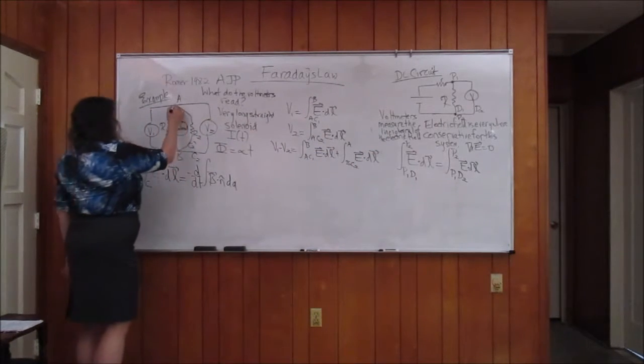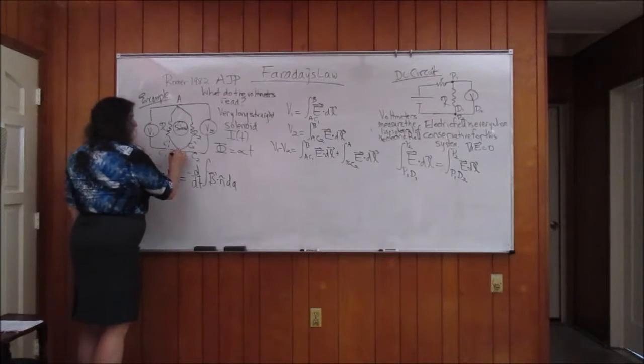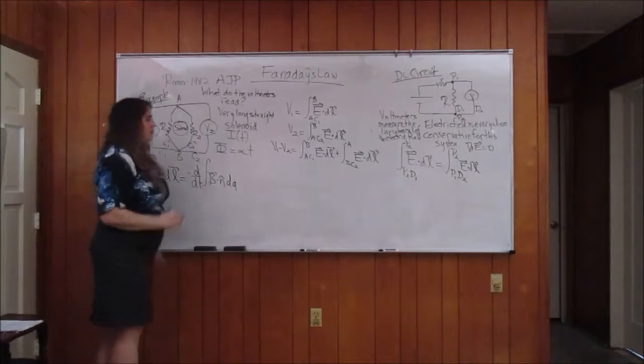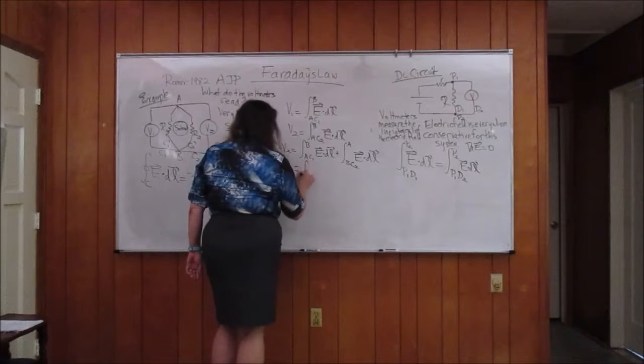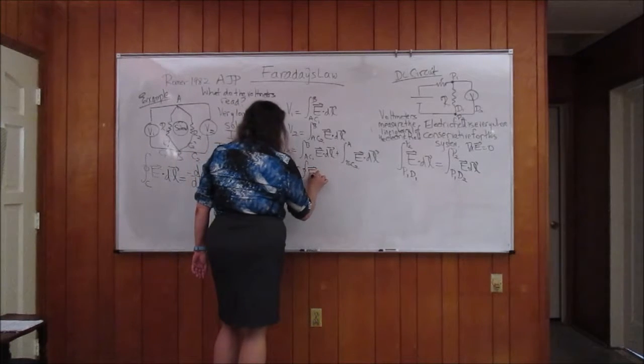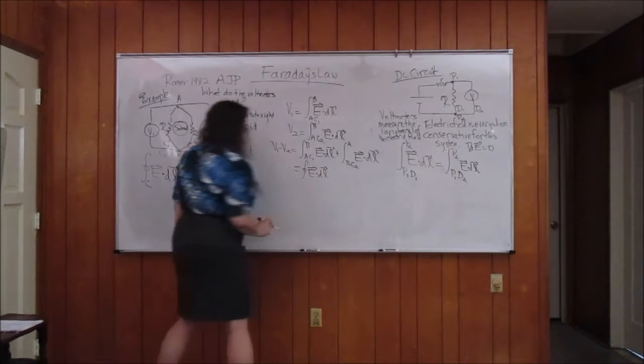So basically you're going to go from here, all the way down here, and back up here. So that is the electric field around a closed path.